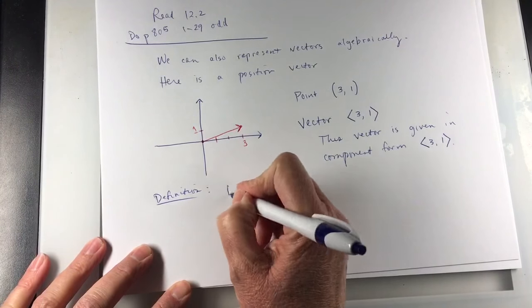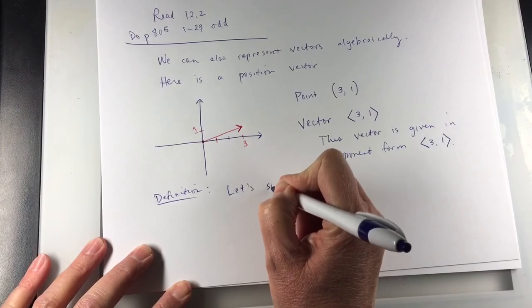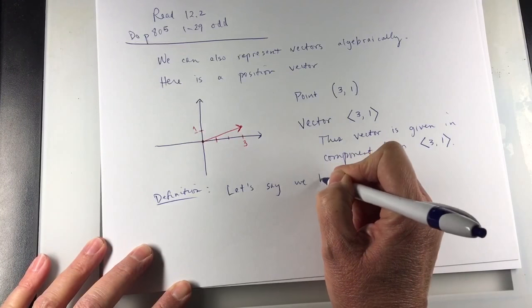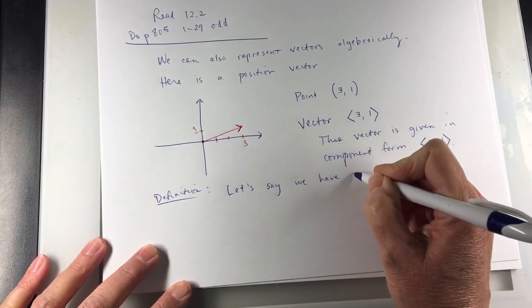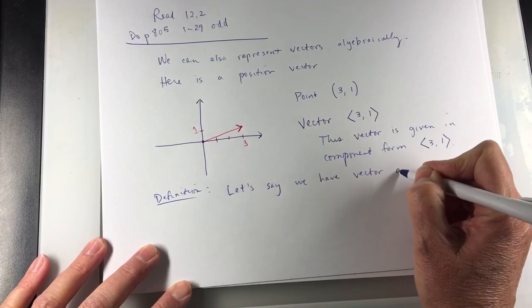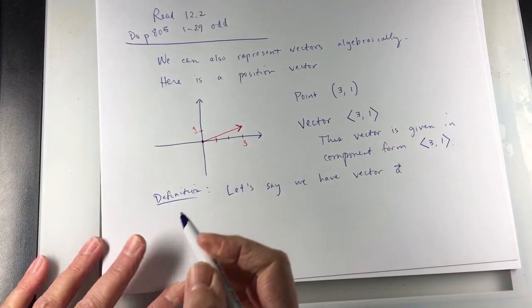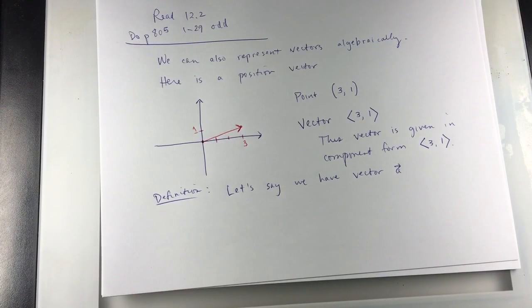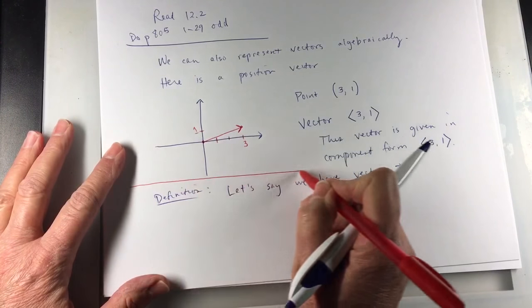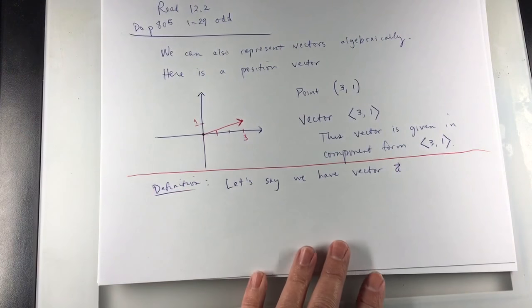So let's say we have vector A. I'm going to draw a line here to separate this from what I wrote previously, because it's running together.